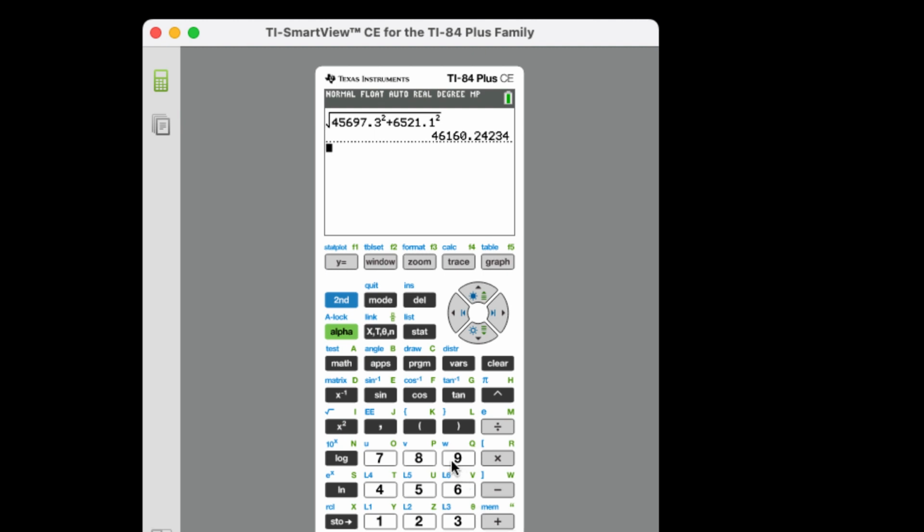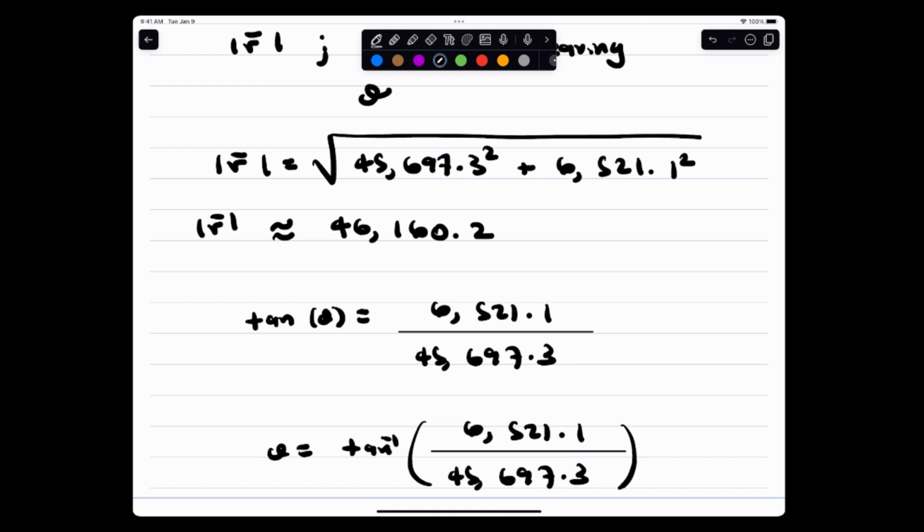What's that going to give us? 46,160.2. And that's going to be pounds. So the resultant force is going to be what you see here. This is the benefit of using two tugboats, not just one, two tugboats. There's your resultant force. Let's see the direction in which it takes things.